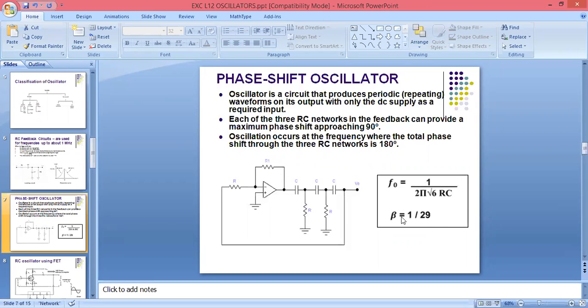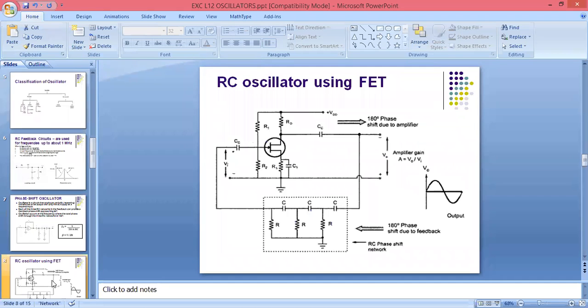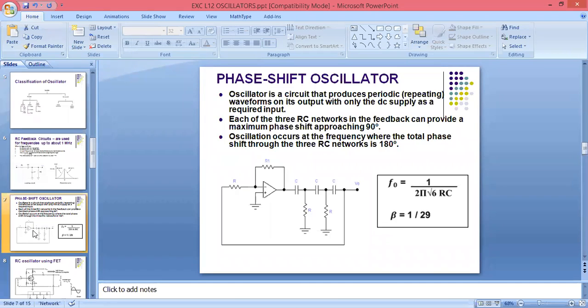Now we have to see RC phase shift oscillator using FET. Here I have explained only about the RC phase shift oscillator, but in our syllabus we have to study about using FET. तुम्हें यदि एग्जाम में क्वेश्चन है explain RC phase shift oscillator, at that time also you are supposed to draw this diagram. ये तुम सिर्फ RC phase shift oscillator का डायग्राम नहीं निकालोगे.